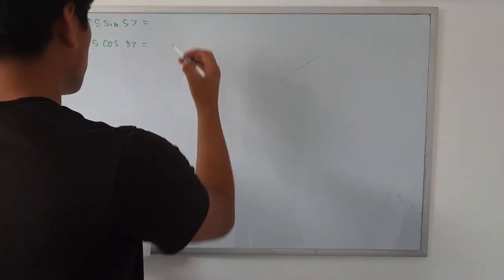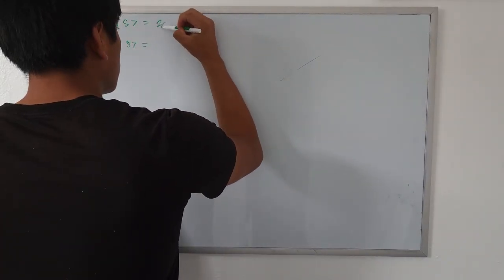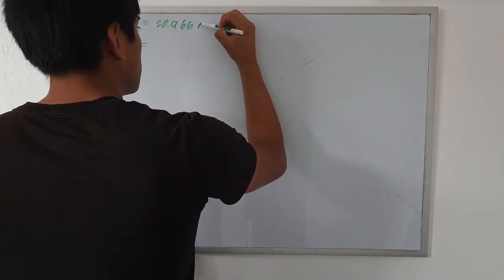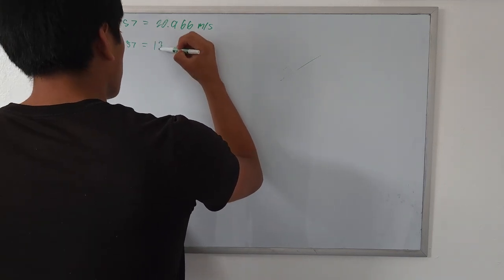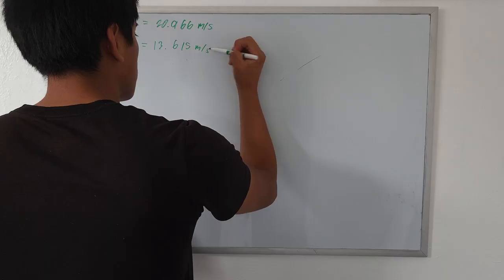Plugging that into the calculator, for sine you're going to get 20.966 meters per second, and for cosine, you're going to get 13.615 meters per second.